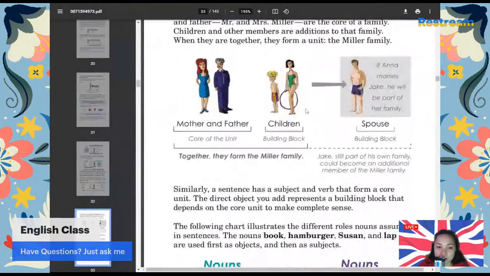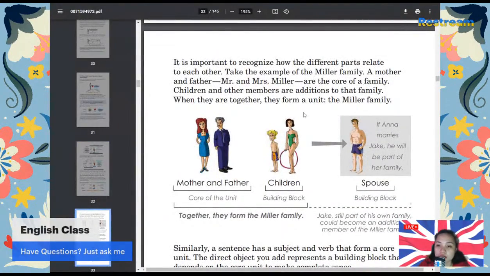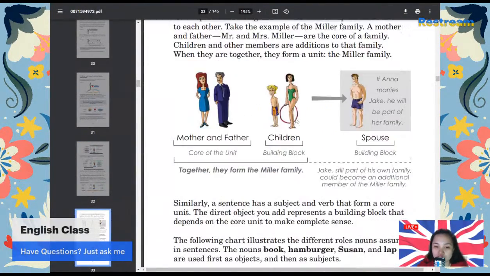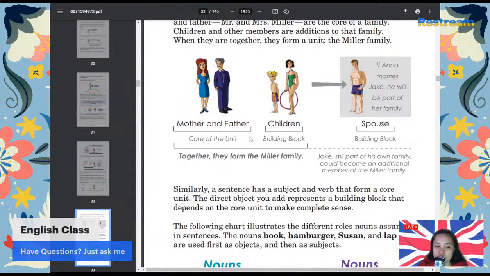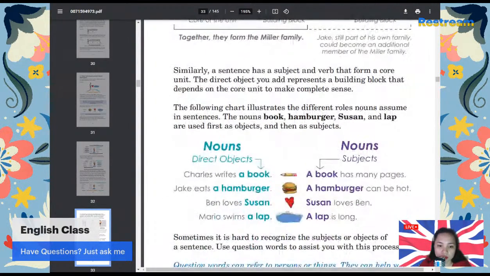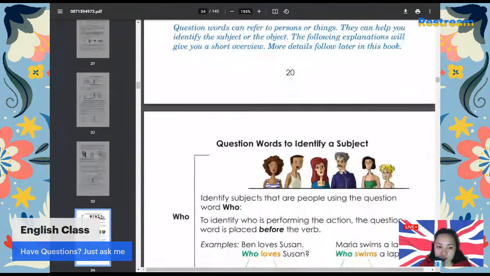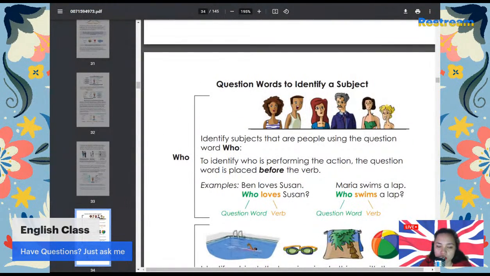Page 20 is also just an example of the direct object, the core of the unit and the building block. We use the Miller family as an example. On page 21, we have the question words to identify a subject. We have two question words, who and what.